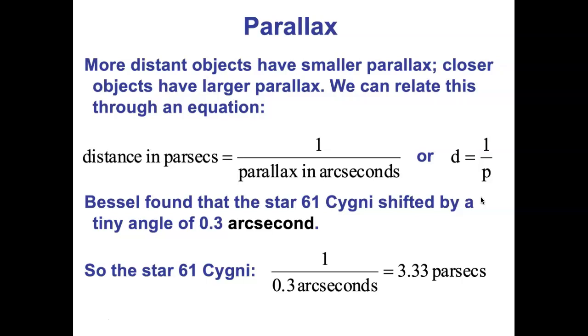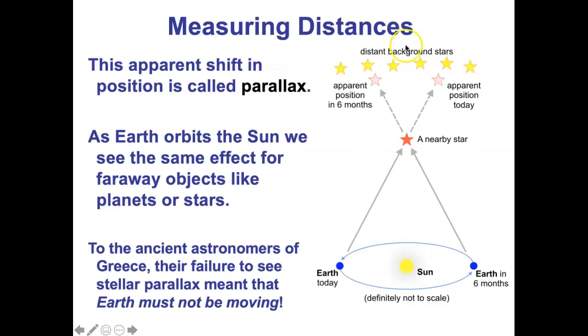The trig equations simplify such that all you've got to do is take the parallax angle of that star. If you imagine a right triangle here, because trigonometry is all about right triangles, if you remember trigonometry, if you know the length of one side, and if you know one angle, you can figure out everything else about that triangle.